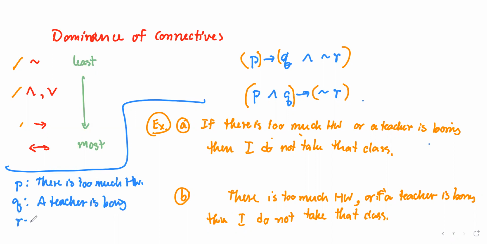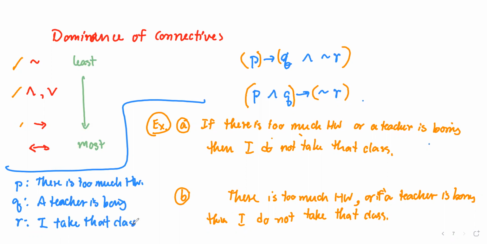And statement R represents: I do not take that class. Usually when you define, if there is no specific instruction, we define the statement in the non-negation form. So we usually define the statement R as: I take that class.